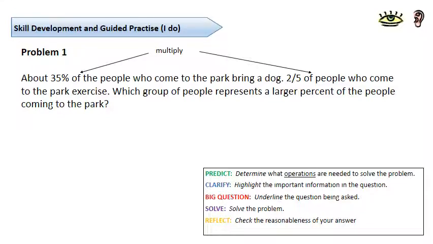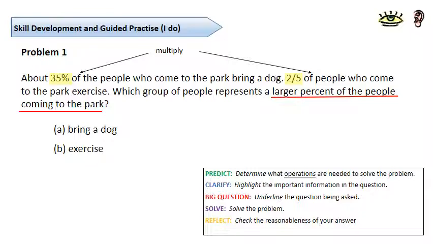So let's first work out what maths we need to do here. 35% of people, and we've got 35% and 2/5. We've got to work out which one's bigger. So a larger percent. So you've got two things happening.